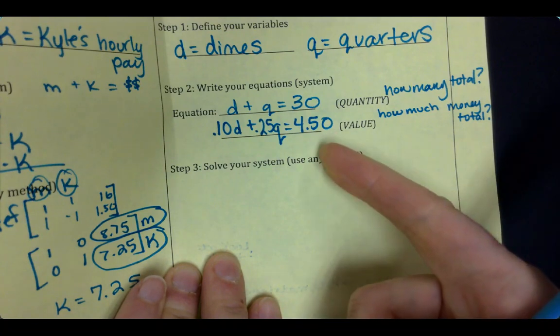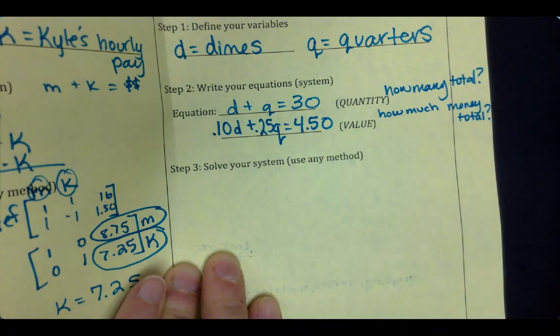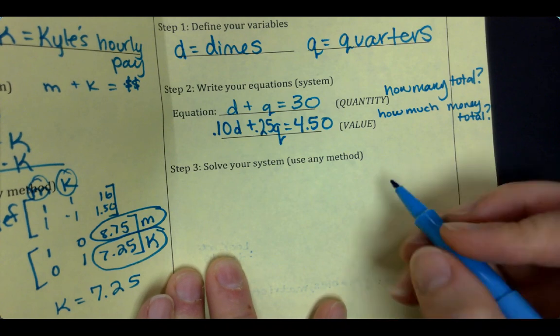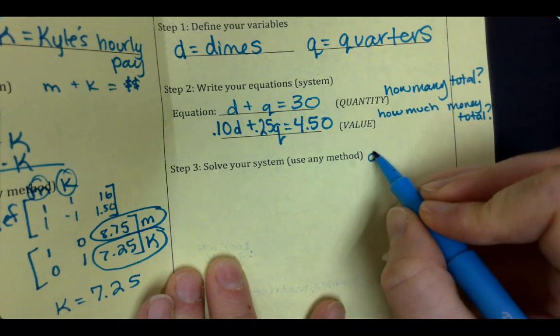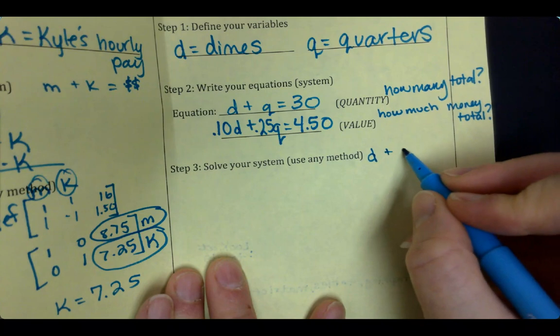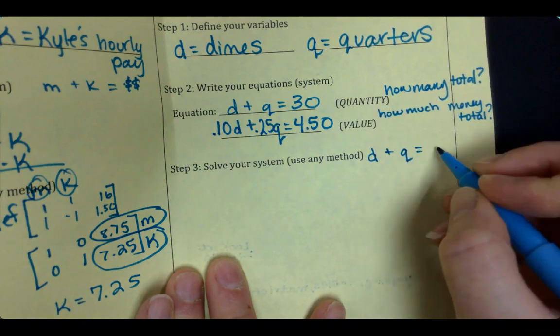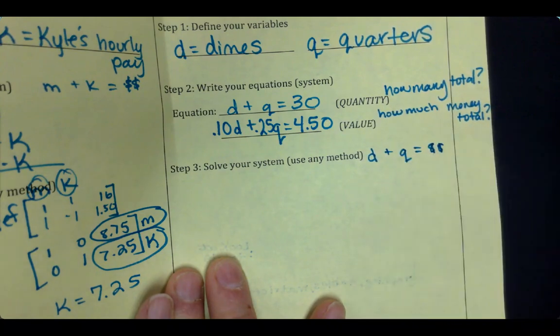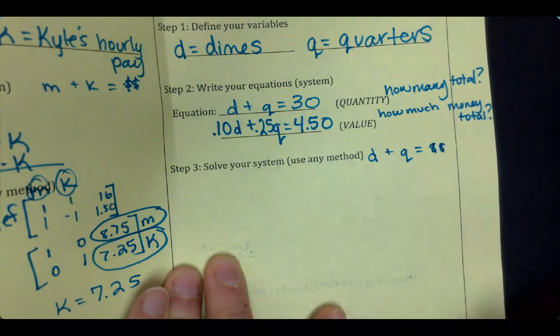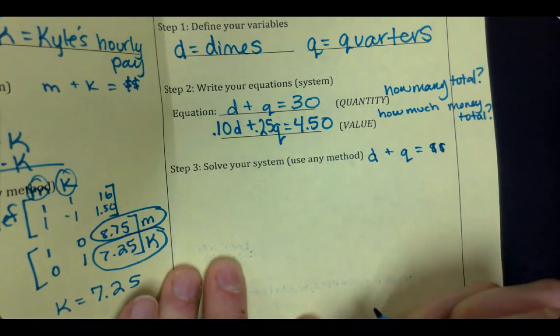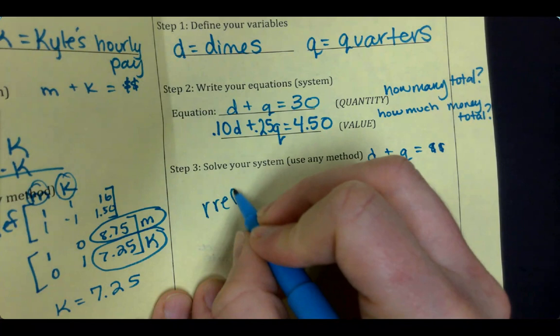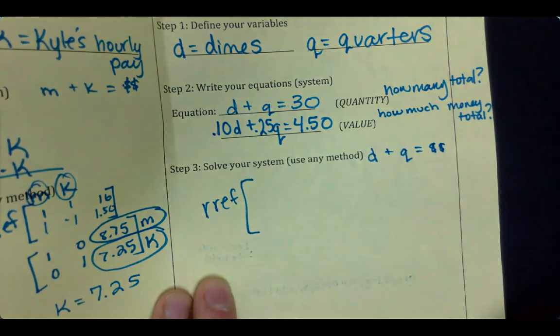So we have our two equations. What order are they written in? They're written in D and Q. So we can go ahead and write our matrix. That's the easiest way. So we're going to do RREF, and let's write our matrix.